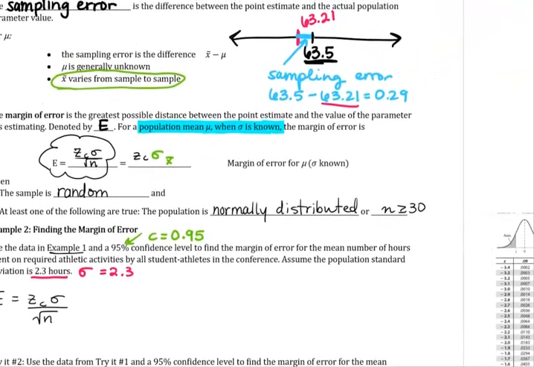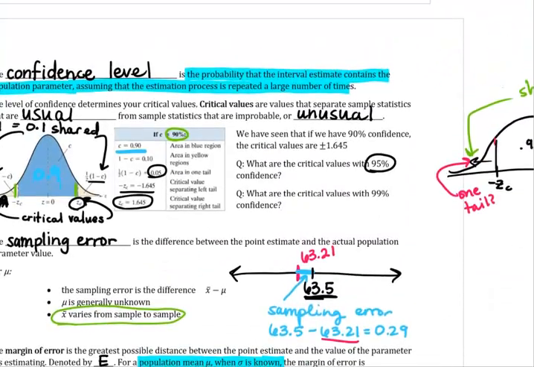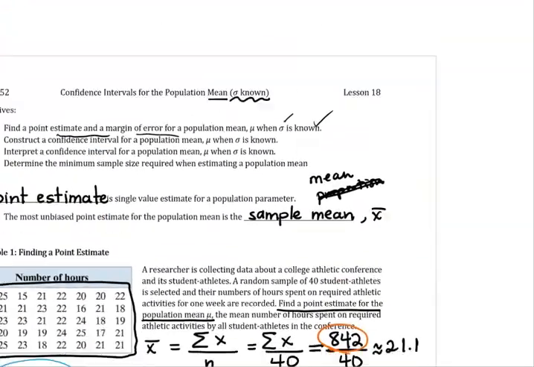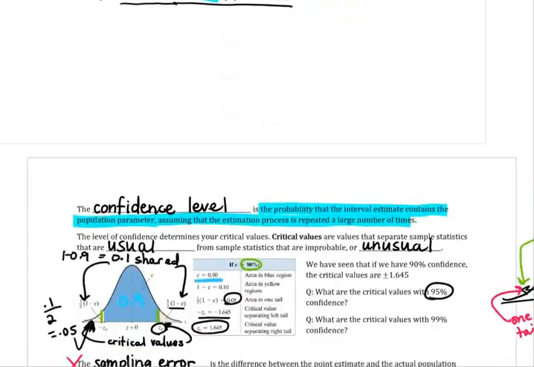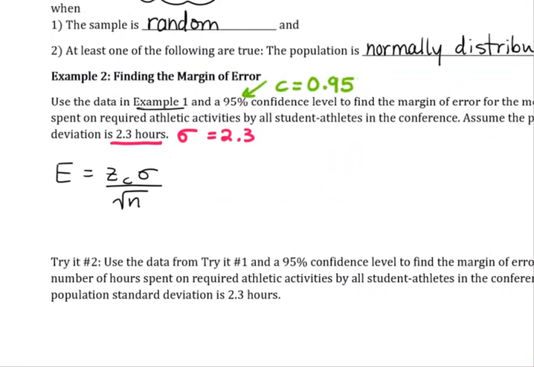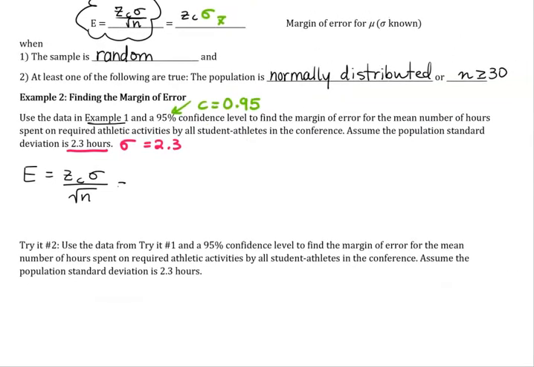So I do need to know n. And the sample size in example one was 40 students. So n is 40 in our problem here in example two. So I will go ahead and put the 40 in down there.